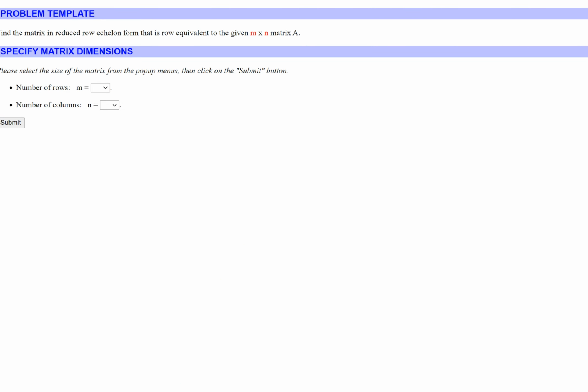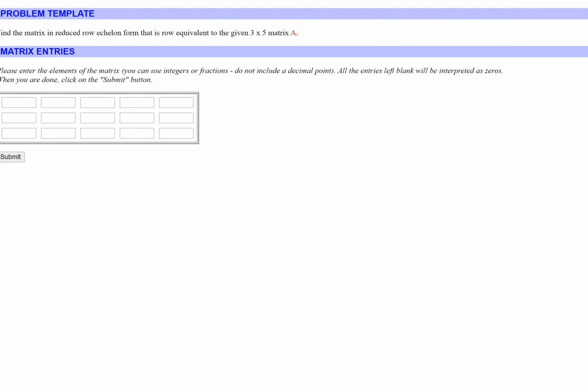You'll specify the dimensions of your matrix. So ours had 3 rows, 5 columns. And let's enter in the values of your matrix.